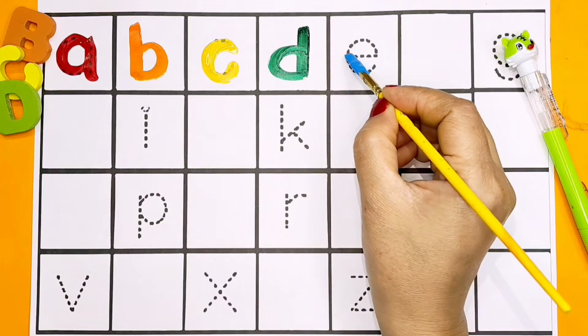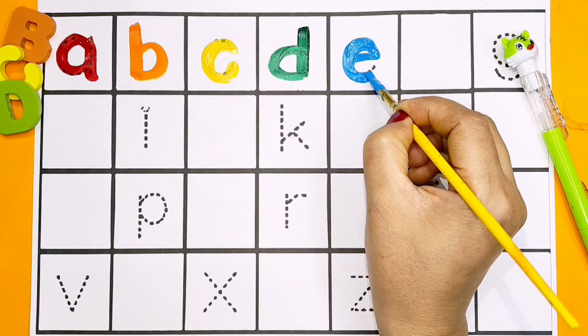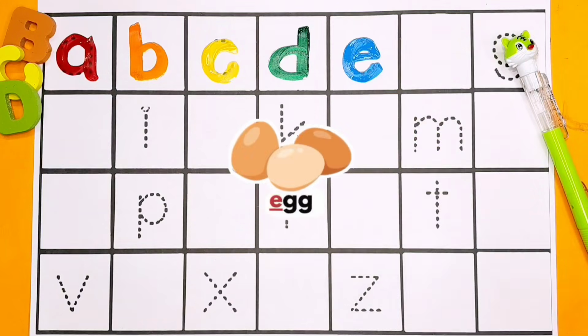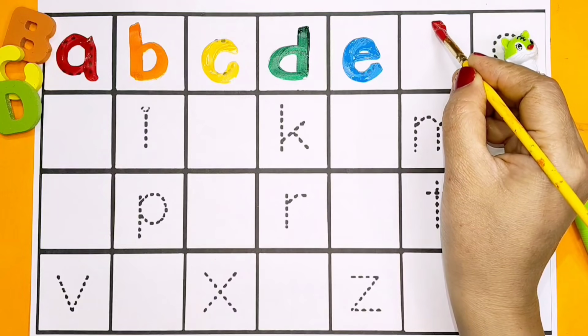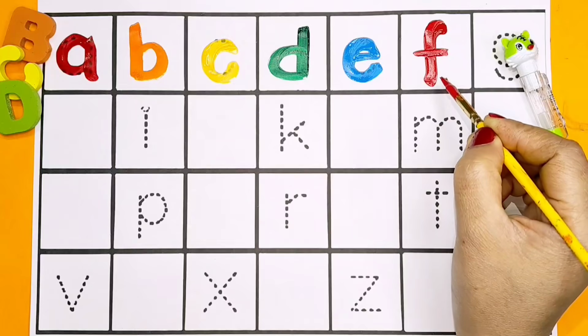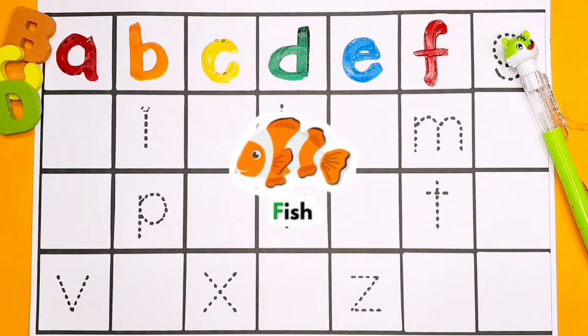Sky blue color. E. E for egg. E for egg. Red color. Missing letter F. F for fish.